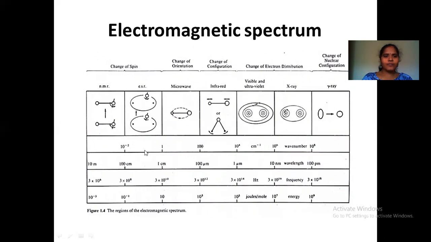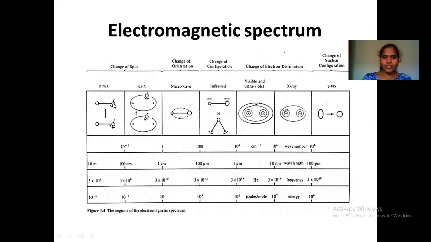The energy of this radio frequency radiation is very less, and hence it is not showing the transitions between the rotational energy levels or the vibrational or electronic levels. It just makes either the change of the spin of the proton or the electron.